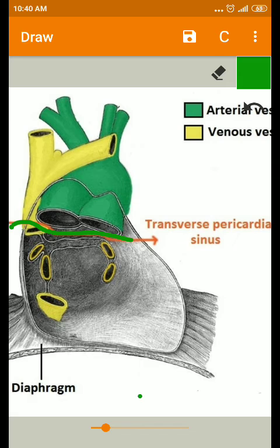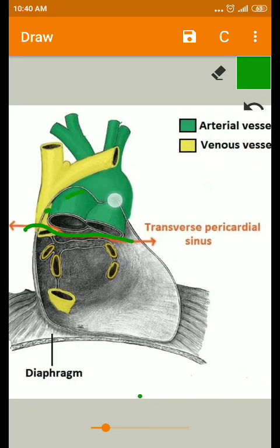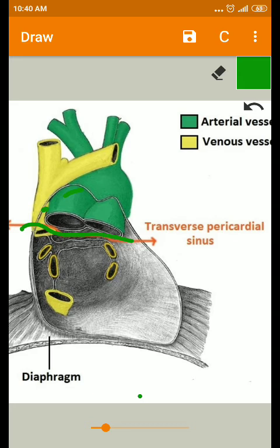This has some surgical importance. The transverse pericardial sinus can be used to identify and subsequently ligate the arteries of the heart during coronary artery bypass grafting.